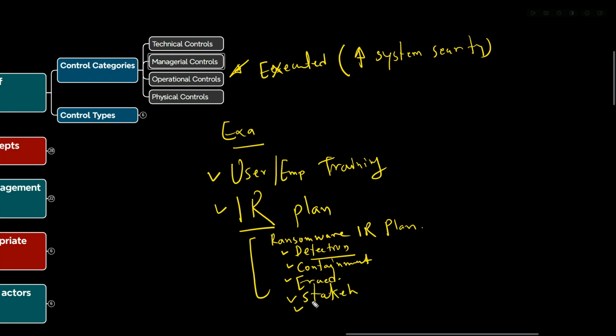What legal team are we going to inform? And then how are we going to restore the machine? Email addresses, point of contact persons, group chat creation, Slack creation, everything will be mentioned. And finally, how are we going to learn from this issue and document it? So this comes under the incident response plan, and this is all about operational activity.